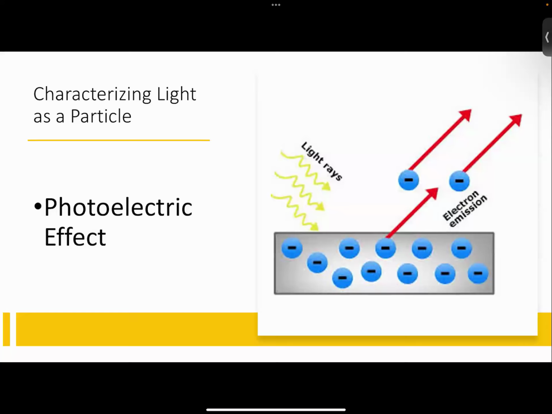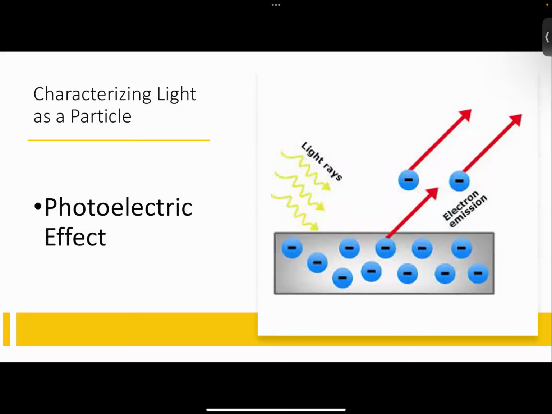For the longest time, classical physics assumed, remember, that intensity was related to the amplitude. They assumed that light rays just needed to have the right intensity, the right amplitude, and we could dislodge an electron from a piece of metal.